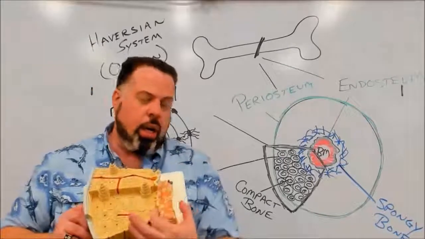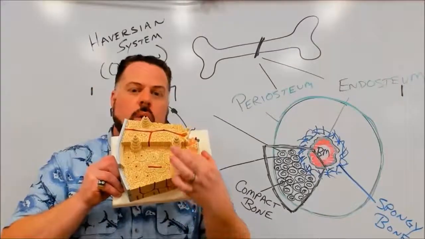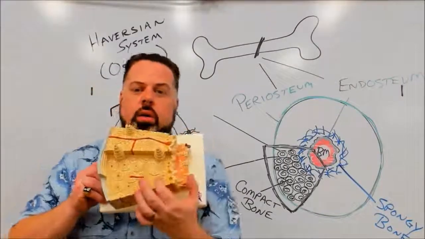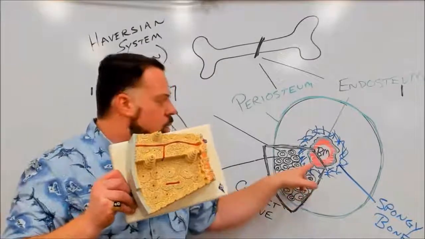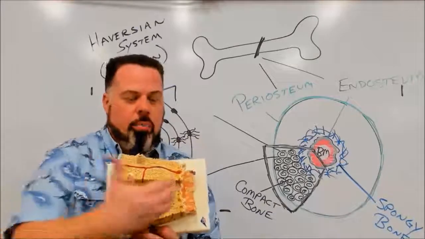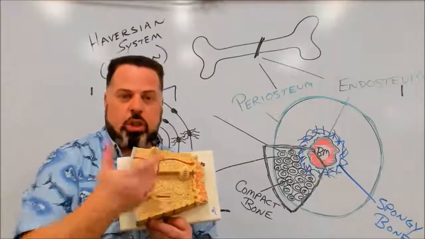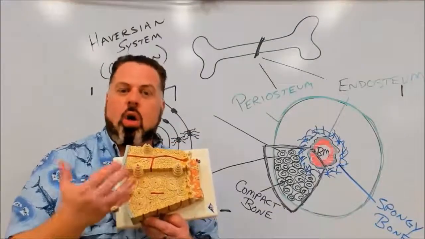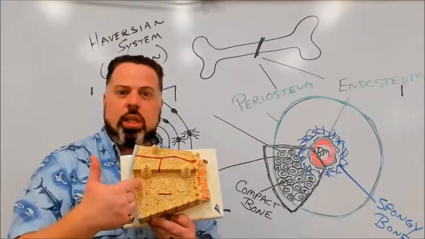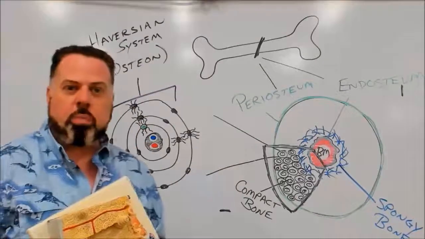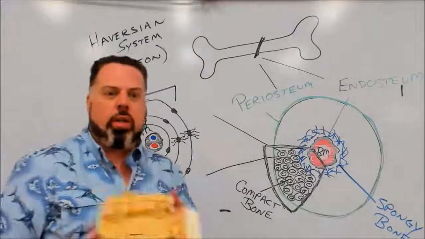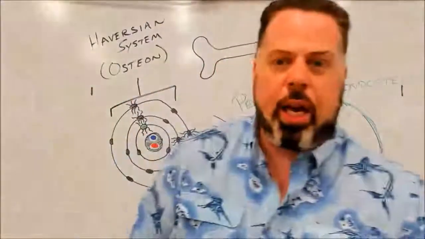This area here, I know it's hard for me to direct it, but this area here is the spongy bone. And then most of this, which I'm going to show you in a moment, is going to be all compact bone. And you'll be able to see each osteon, you'll see other things on there, which is what all this is. Okay? So let me show you this using my document camera.